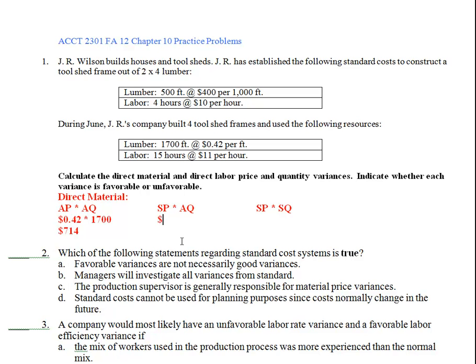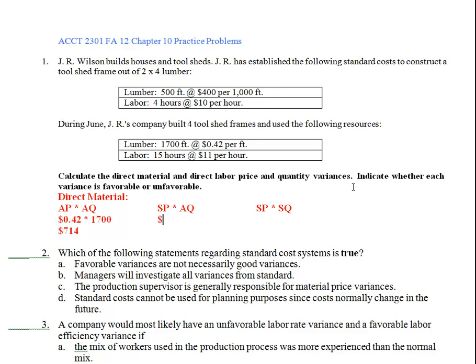Now I want to fill in column number 2. I'm looking for the standard price. So how much did we think we were going to pay for the material? It tells us here that for the lumber, we thought it was going to take 500 feet to make a unit, and that the cost was going to be $400 per 1,000 feet.